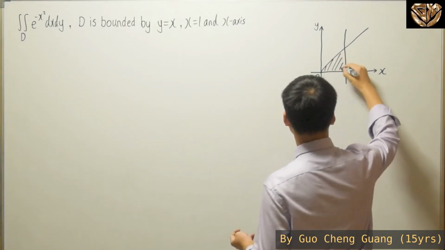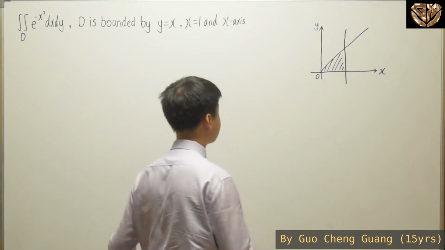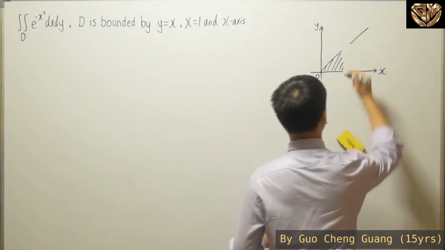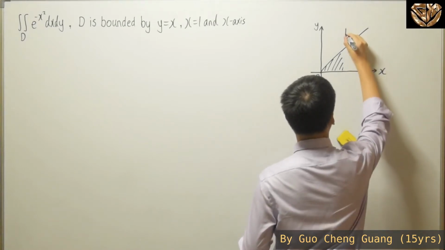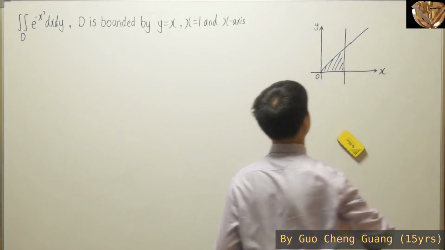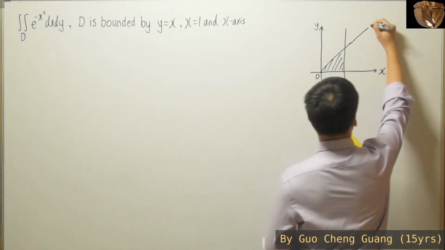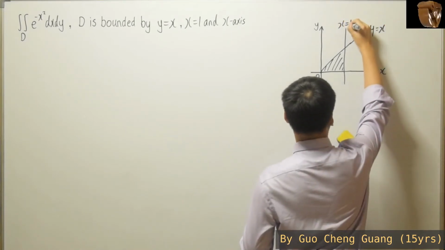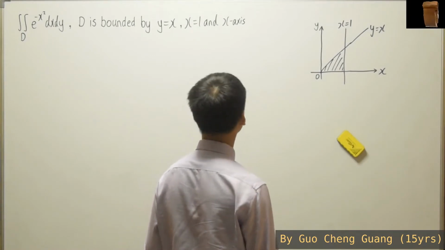So this would be the area that you have. Alright, so this is what you will be seeing. This line is y equals x, this line is x equals 1, and this is, well, you can just write it as y equals 0.